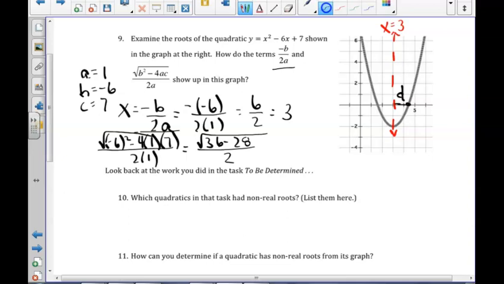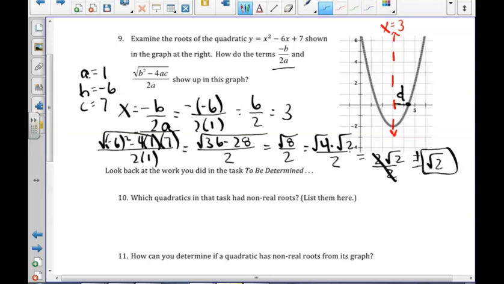And 36 minus 28 is equal to root 8 over 2. And we can simplify that into root 4 times root 2 over 2. And root 4 is a nice perfect square. That's equal to 2 root 2 over 2. That cancels. So root 2 should be my d, plus or minus root 2 should be my d, or my distance, from the axis of symmetry to the x-intercepts.